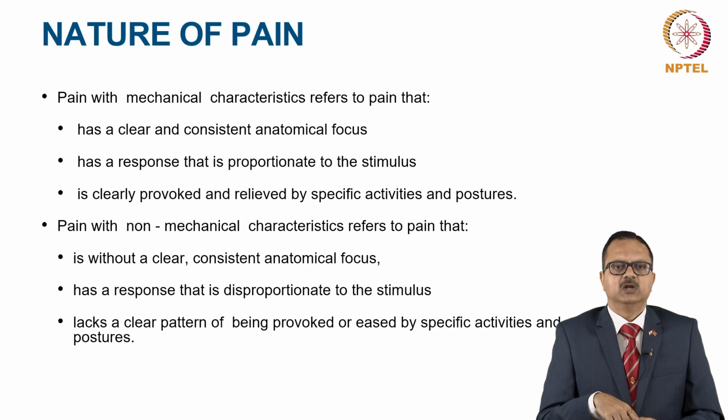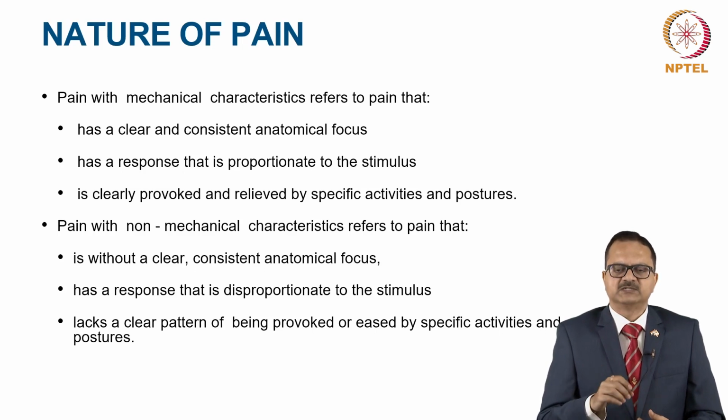Step 3, look at the nature of pain. We say the pain is mechanical if it has a clear and consistent anatomical focus, if it has a response that is proportionate to the stimulus, and it can be provoked and relieved by specific activities and postures.